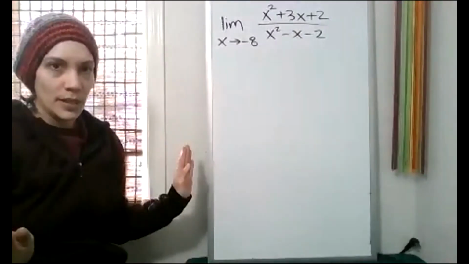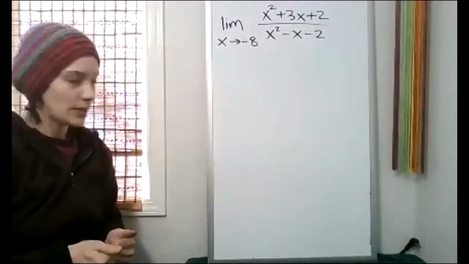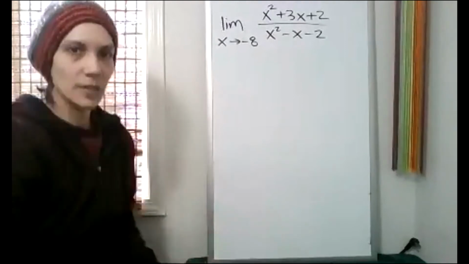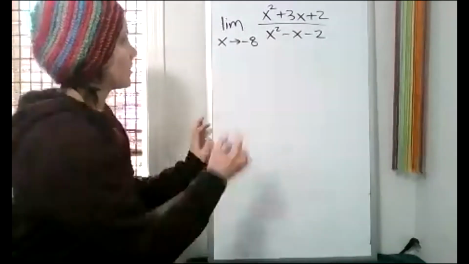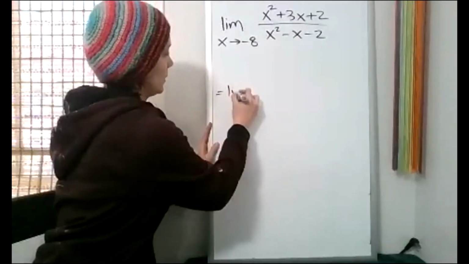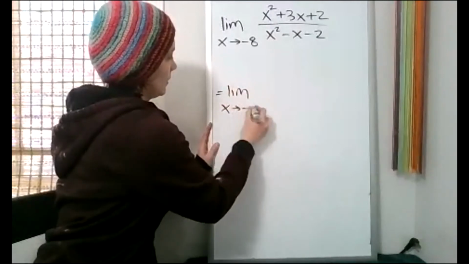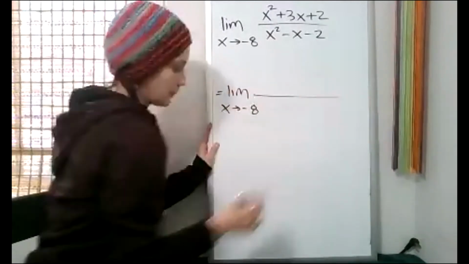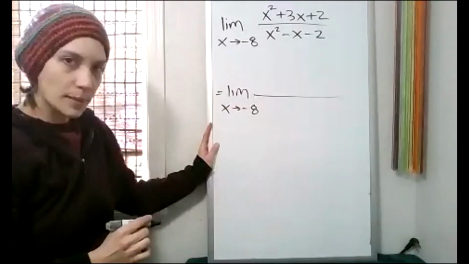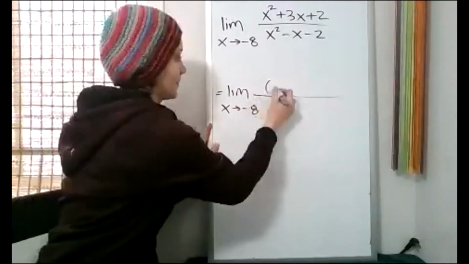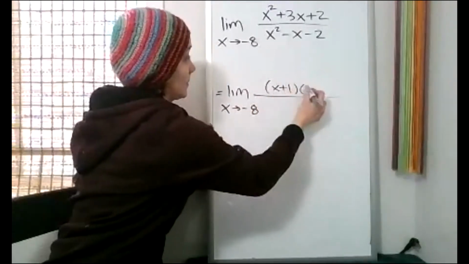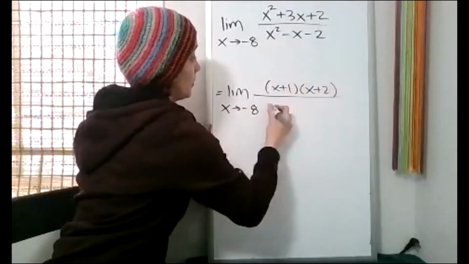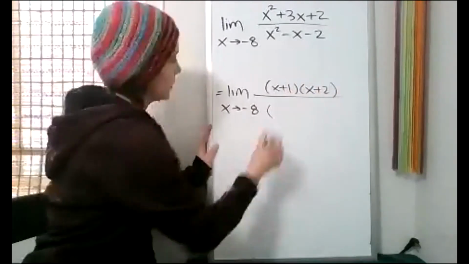So we factor the numerator and then factor the denominator. I got x plus 1 times x plus 2 over x plus 1 times x minus 2.